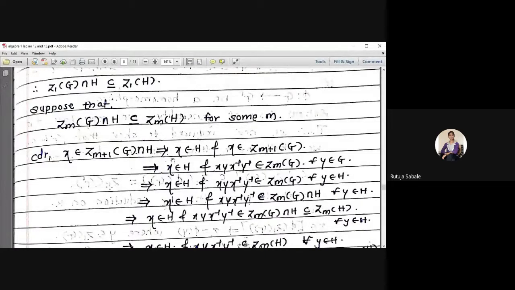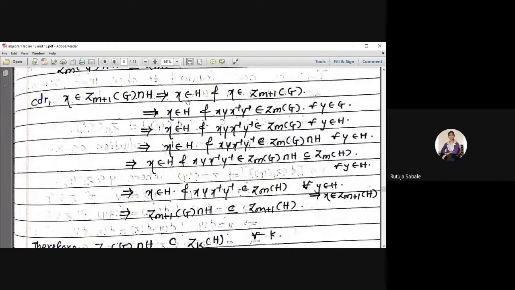It implies that x belongs to H and x belongs to Zm plus 1 of G. So here x belongs to H as it is. And what is Zm plus 1 of G?